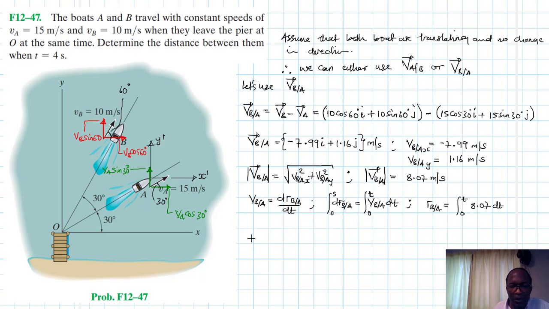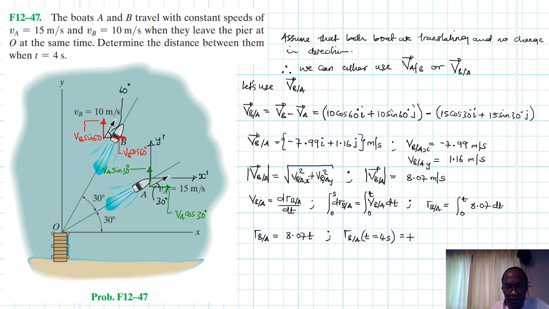Then rBA is just going to be equal to 8.07 t. Then rBA at time equal to 4 seconds is 8.07 multiplied by 4.